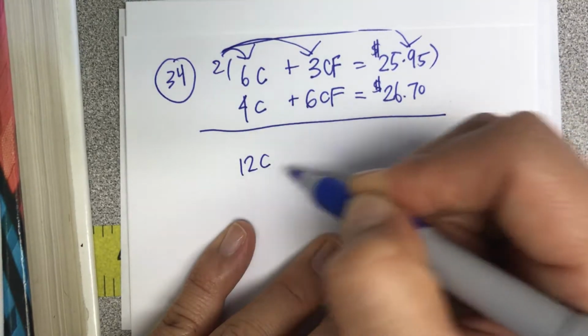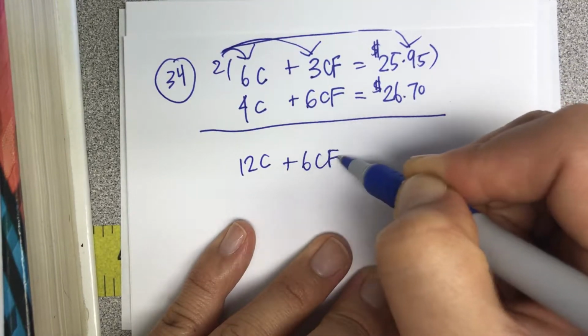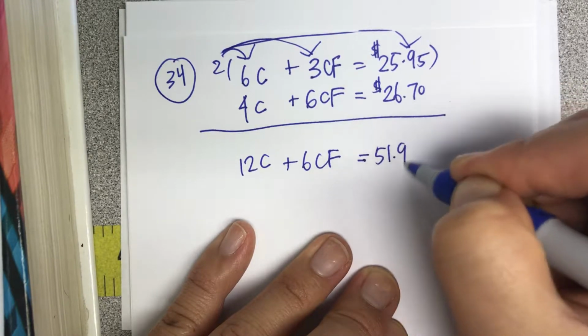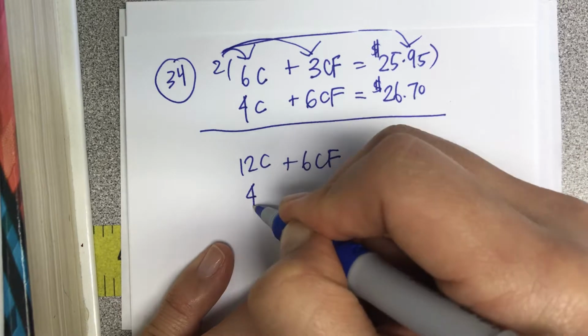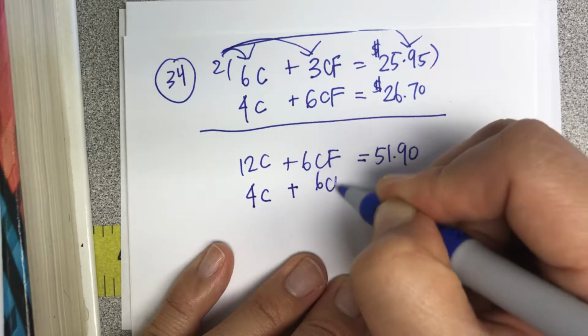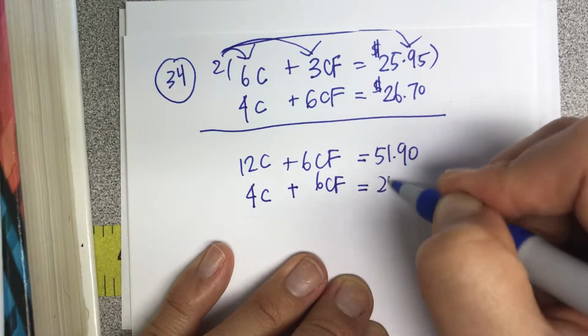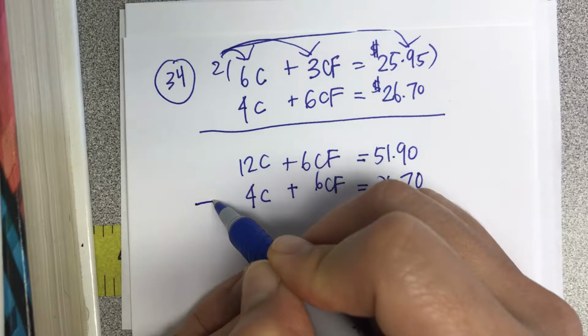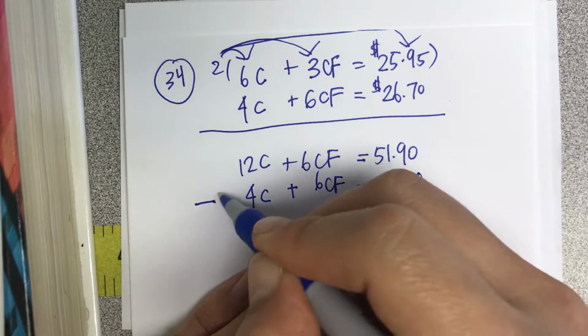That's going to be 12C plus 6CF equals, and if you do that in your calculator, it'll come out to 51.90. And then you got 4C plus 6CF equals, and then the regular 26.70. And if I put a minus sign on this one down here, it'll affect everything.